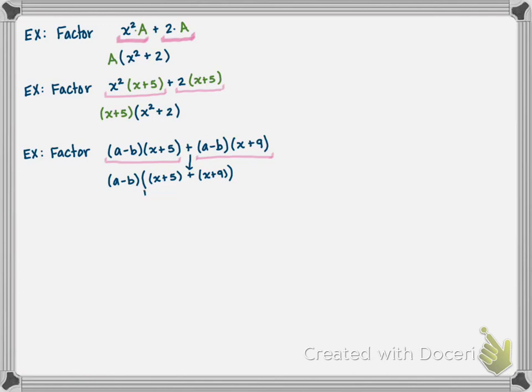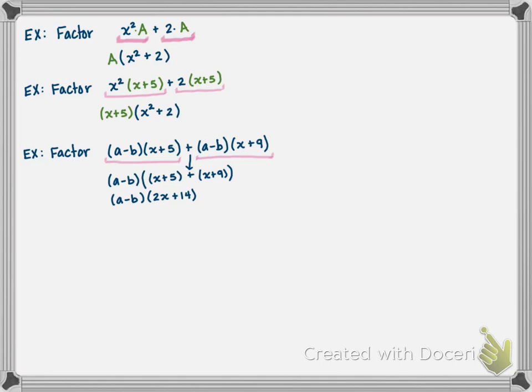And that can be simplified, right? What's inside those parentheses is really just addition at this point, because there's nothing in front of these sets of parentheses that you would have to distribute. And so this is (a minus b) times (2x plus 14). And incidentally, that is not fully factored.